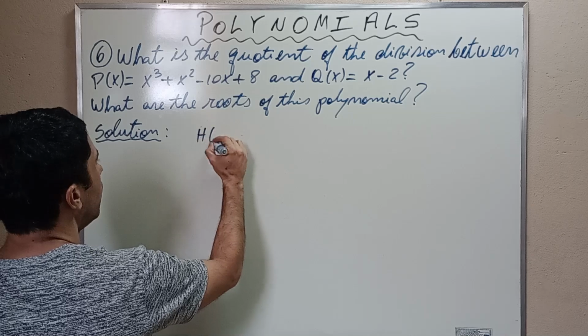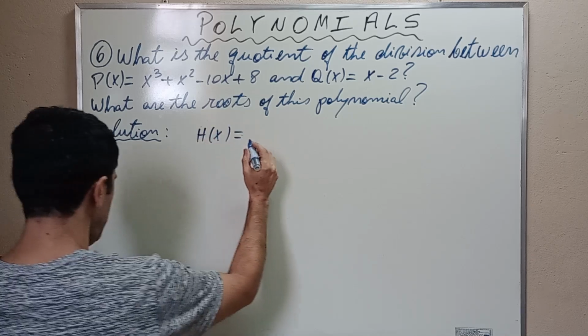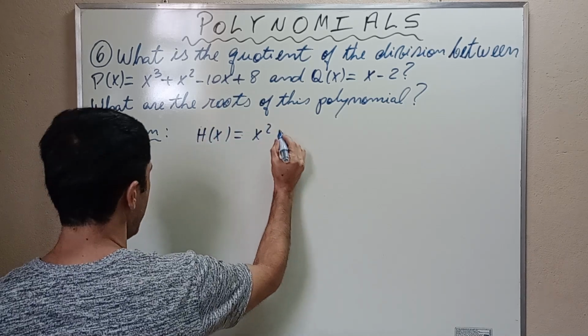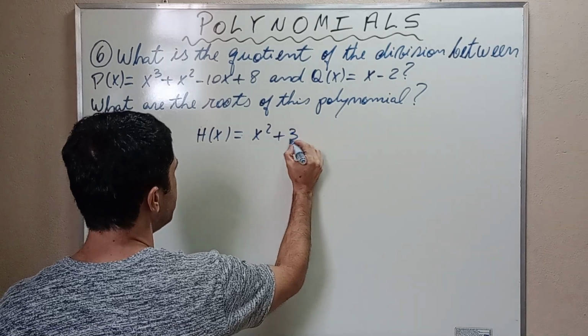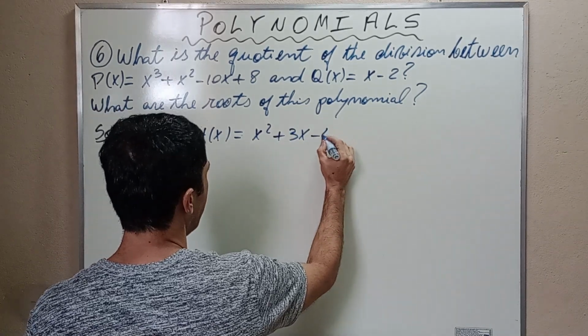H of x is equal to x squared plus 3x minus 4.